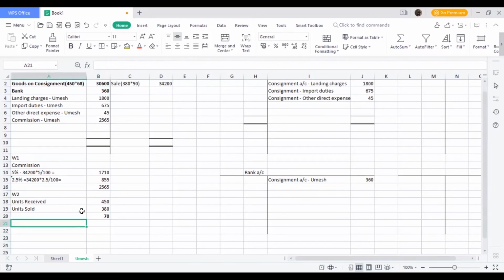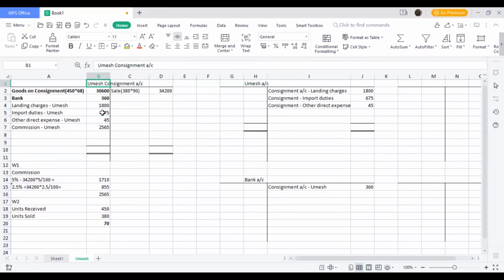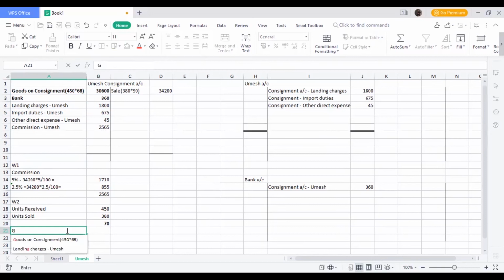Now, how do I consider the 70 units' actual cost? I just want to calculate one by one. Import duties, landing charges, other direct expenses, all these expenses are incurred based on the 450 units. So I need to find only the 70 units' amount. How do I do that? I can calculate one by one. So let me see the cost of goods on consignment.